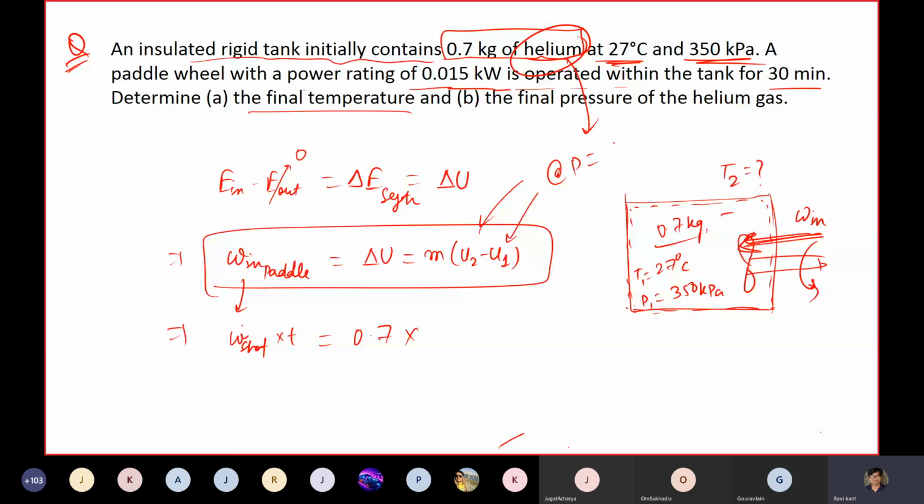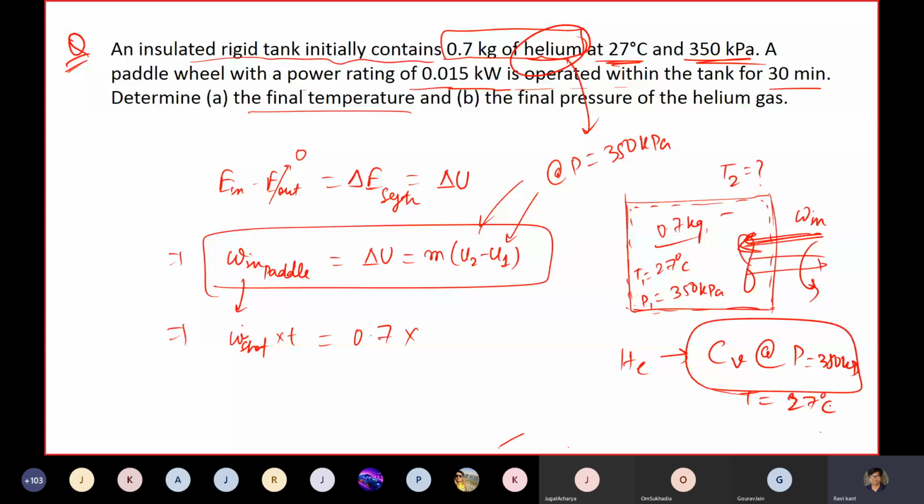At this pressure of 350 kilopascal, helium will have some CV values. You should keep the temperature T equal to 27 degrees C, go to the table, and you'll see the CV value of helium.